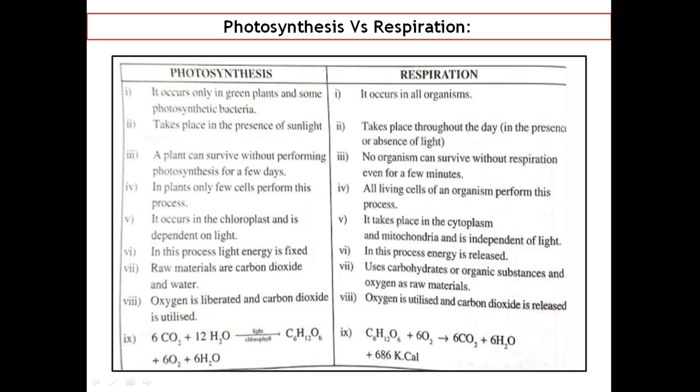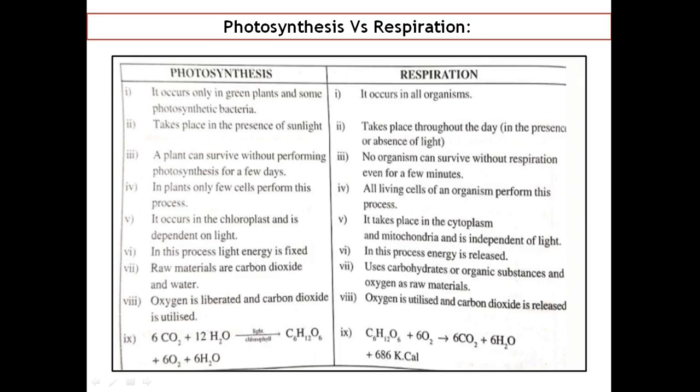In the process of photosynthesis, light energy is fixed, whereas in respiration, energy is released. Raw materials for photosynthesis are carbon dioxide and water, whereas respiration uses carbohydrates and oxygen as raw materials.